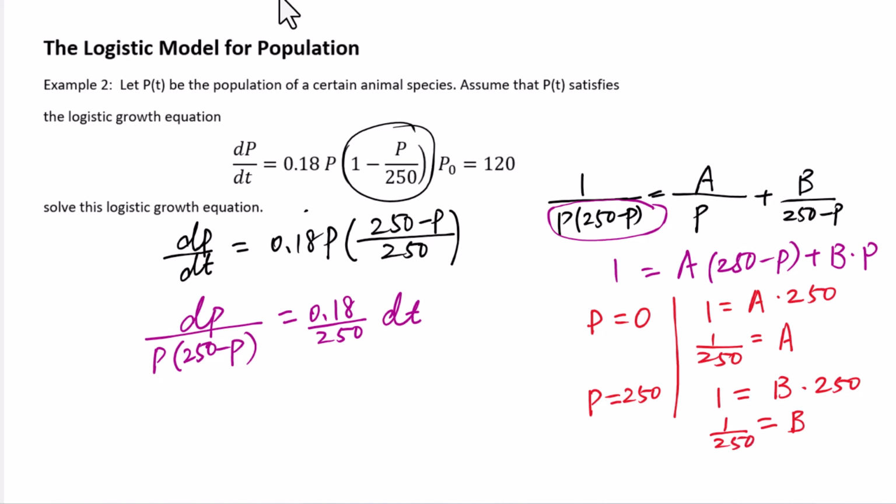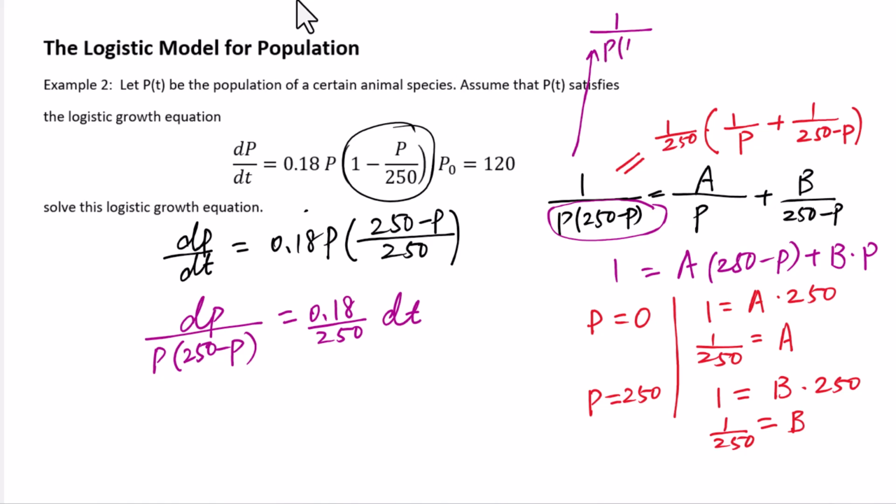So we get 1 over P times (250 minus P) equals, taking out 1 over 250, 1 over P plus 1 over (250 minus P). Remember this as a formula: 1 over P times (L minus P) equals 1 over L times (1 over P plus 1 over (L minus P)).